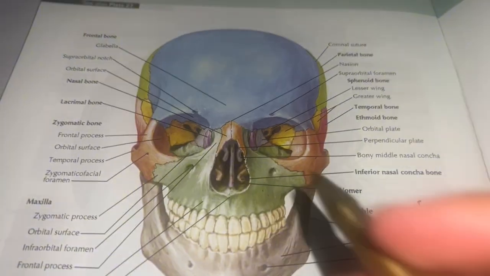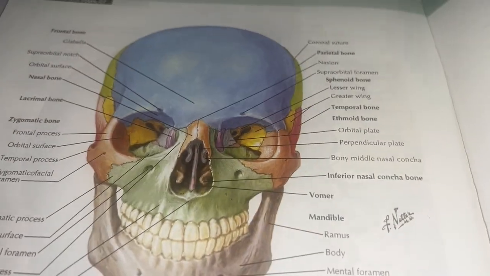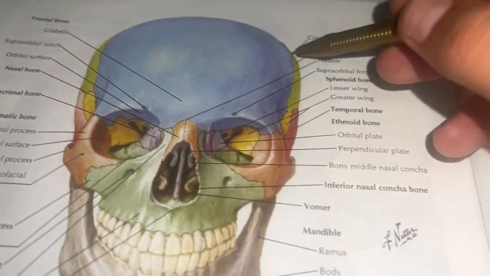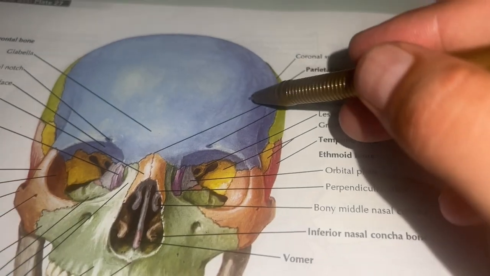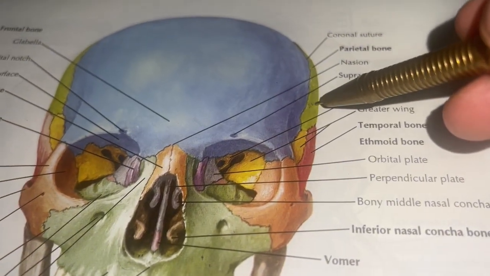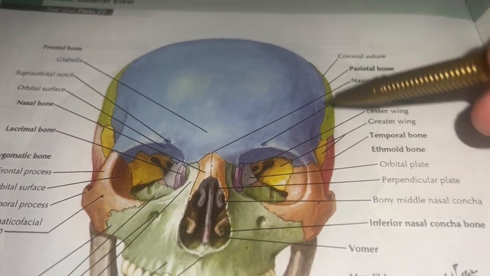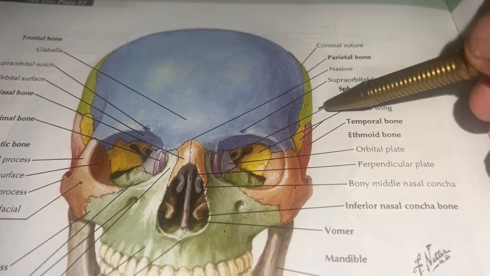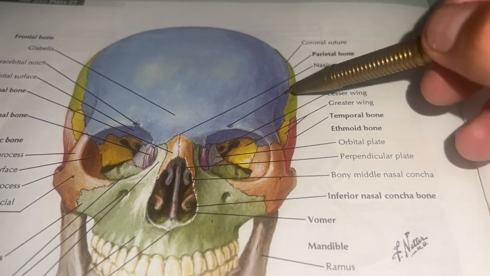Now we will identify the sutures. We can see this suture between the frontal bone and the parietal bone. The suture between the frontal and parietal bone is the coronal suture.